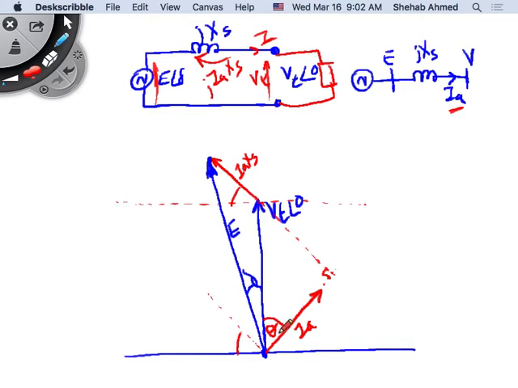Take these two and rotate them. Then what is this angle? Like take VT and put it here. And where will I fall? Remember, this voltage here is perpendicular to this, right?